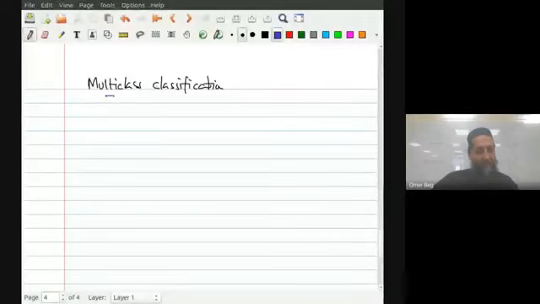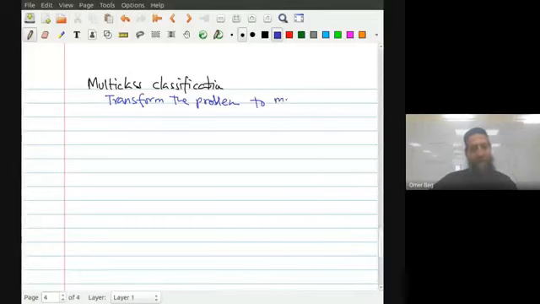If there are multiple classes, we transform the problem to multiple binary classification problems. So let's suppose we are doing POS tagging.